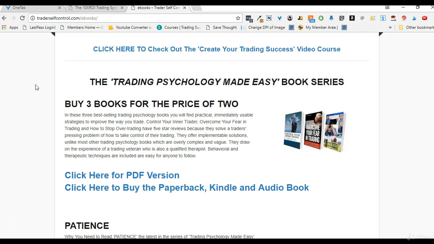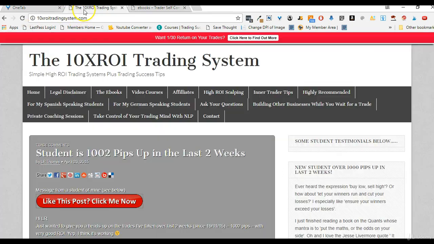Now, if you're a very beginner trader, you won't believe that, because all that will seem important to you is getting a trading system. You will have absolute faith in your ability to execute that trading system as long as you find a winning system. But here's where the cycle of doom begins for traders, and why traders don't succeed: they find winning systems. So they will find a high ROI system like the 10 times ROI system or any other system.